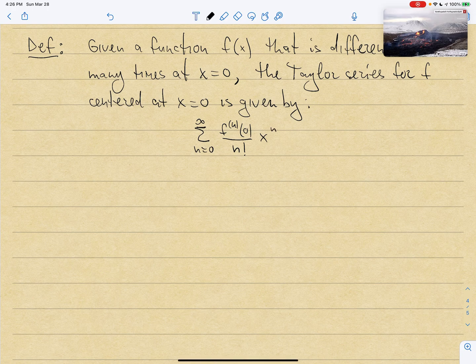The same formula that we came up with last time.